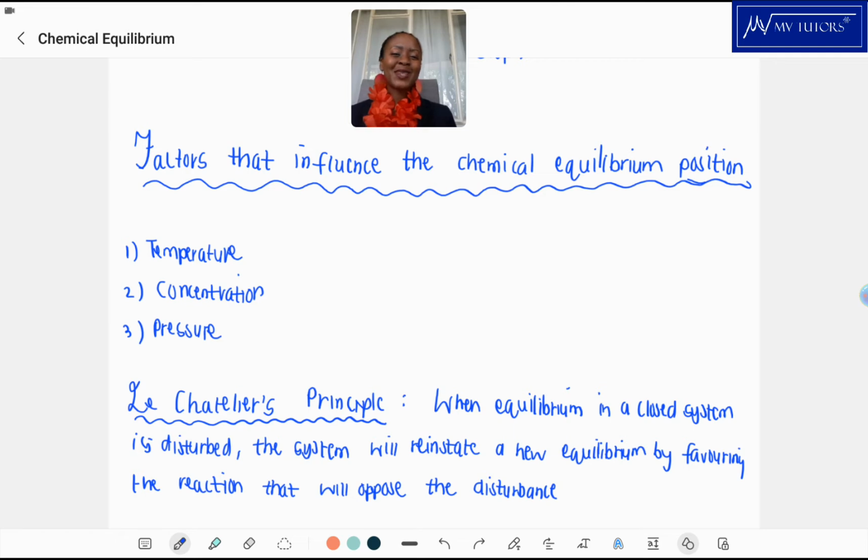So basically that is what Le Chatelier's principle is saying. A disturbance came to your equilibrium, but instead of sulking and blaming everybody, we pull up our socks, and ask what is the new equilibrium that will oppose this change that just happened? And then you just do it. So that is Le Chatelier's principle.